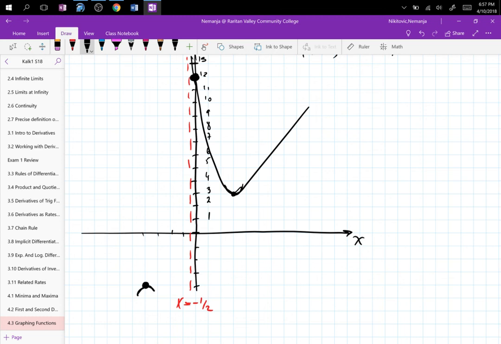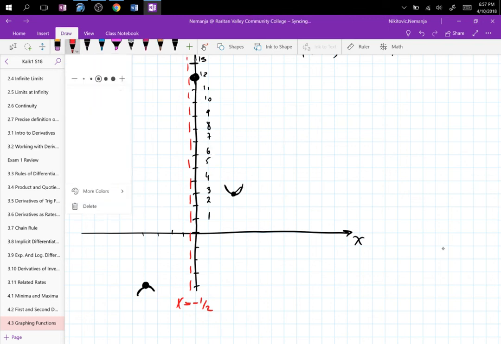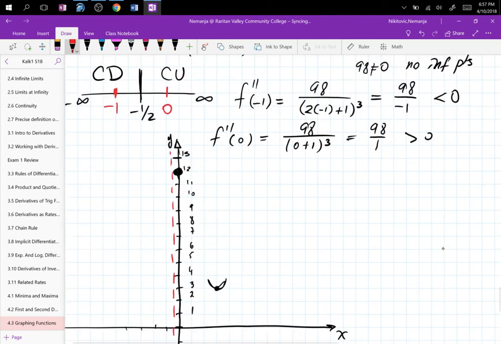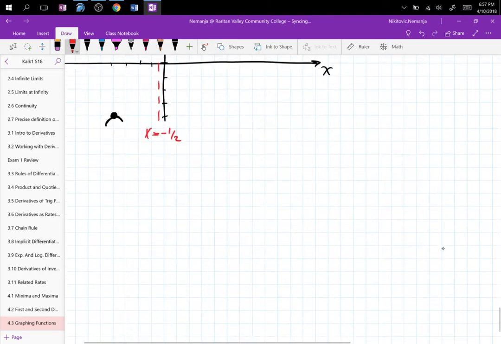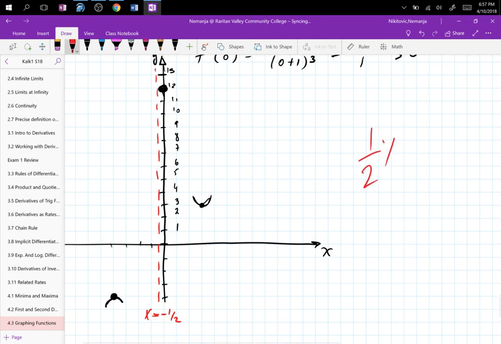So that's that. But we didn't draw the slant asymptote yet. So what's the slant asymptote? Slant asymptote has the function 1/2 x minus 1/4. So minus 1/4, and then you go 1 unit up, 2 units over. So 1 unit up is going to be 1/4 below 1.